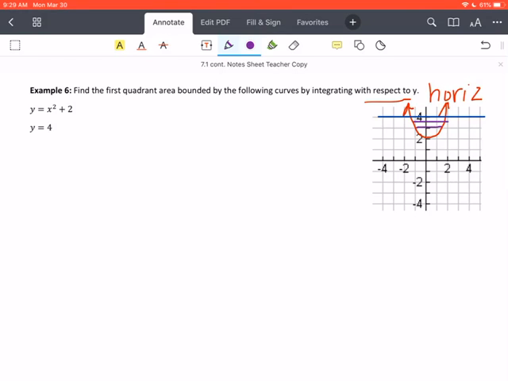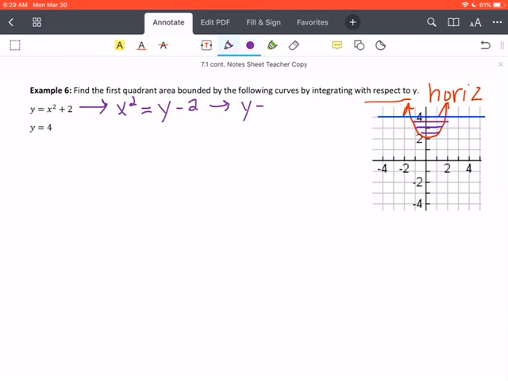You might say, well, wait, those are using the same function, so that goes against what you've been saying. Well, if we are integrating with respect to y, we need to get the functions in terms of x equals. So if I solve for x in this first function, I have x squared equals y minus 2.